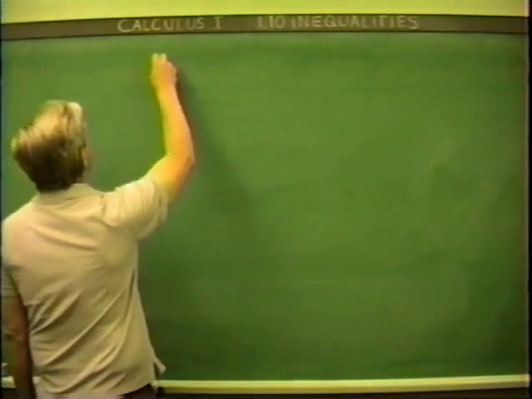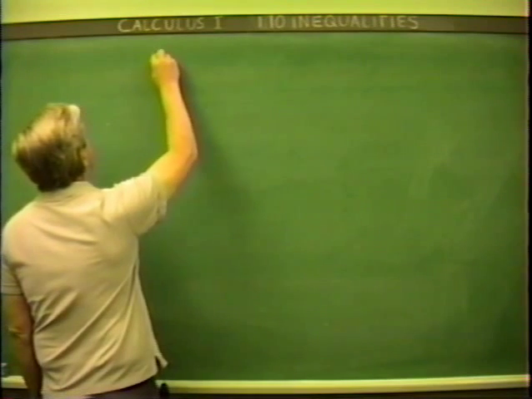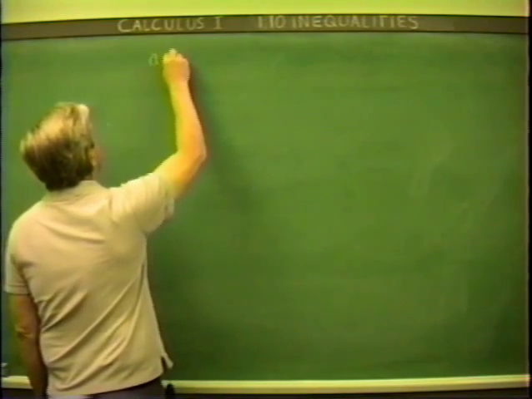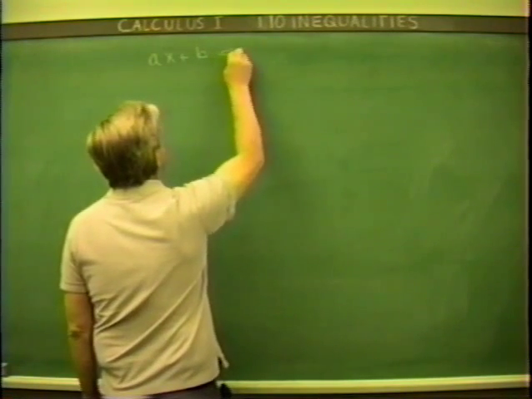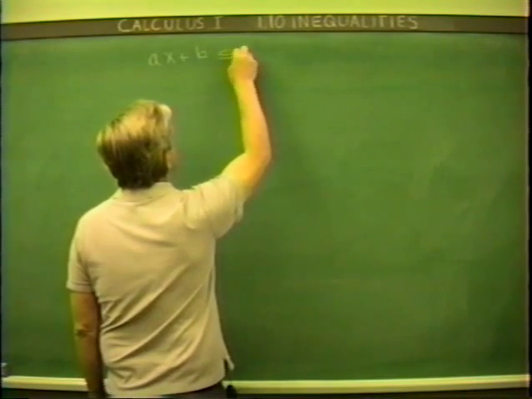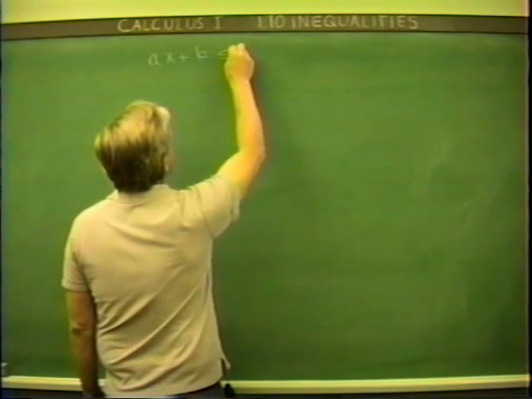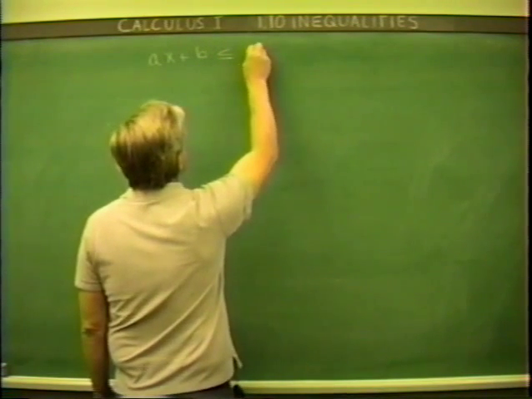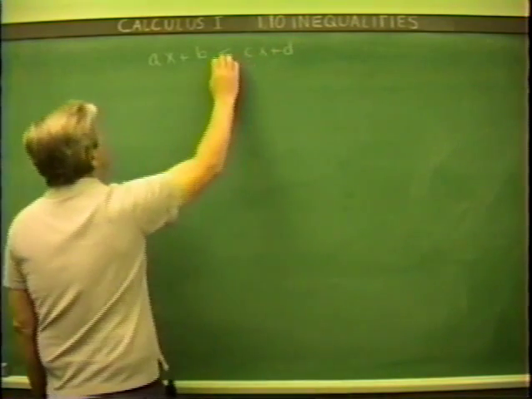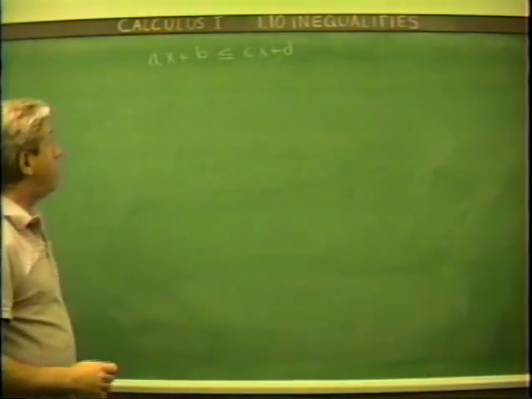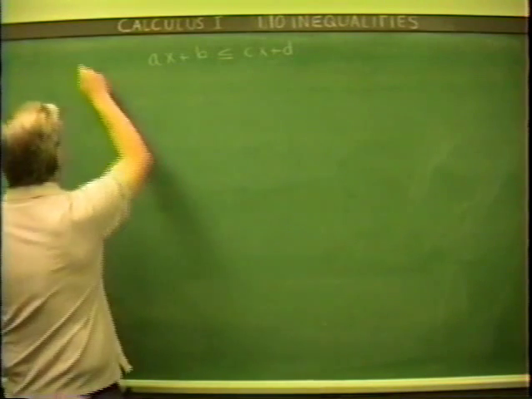We're going to begin several episodes here that deal with inequalities. An inequality is sort of like an equation. A linear inequality is one of the form ax plus b is less than or equal to, or greater than, or greater than or equal to, or less than cx plus b.